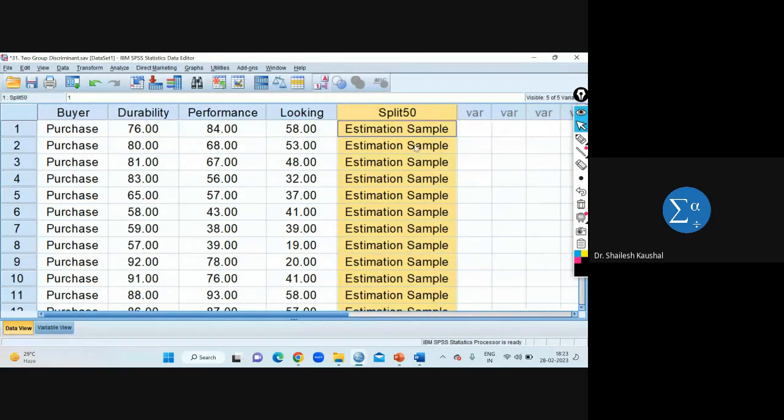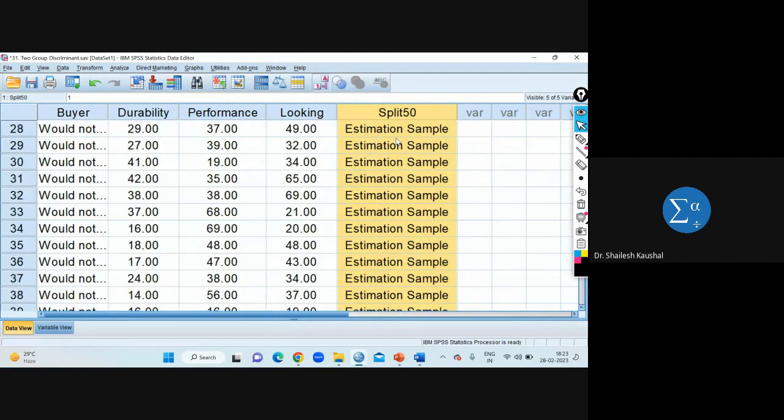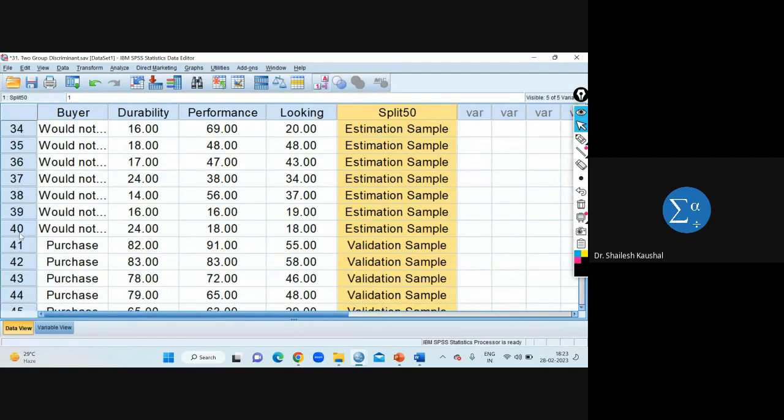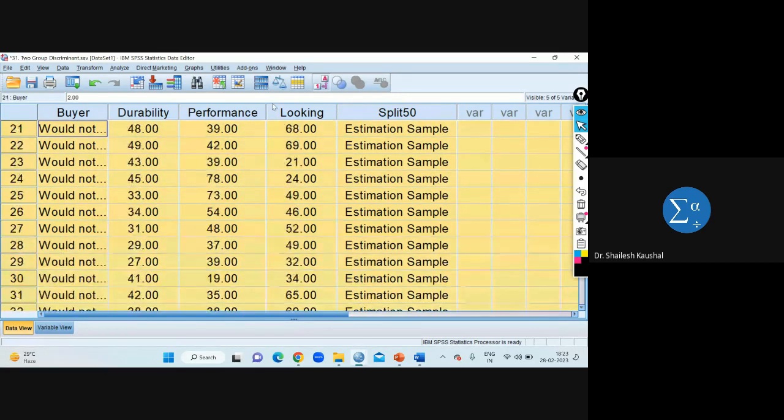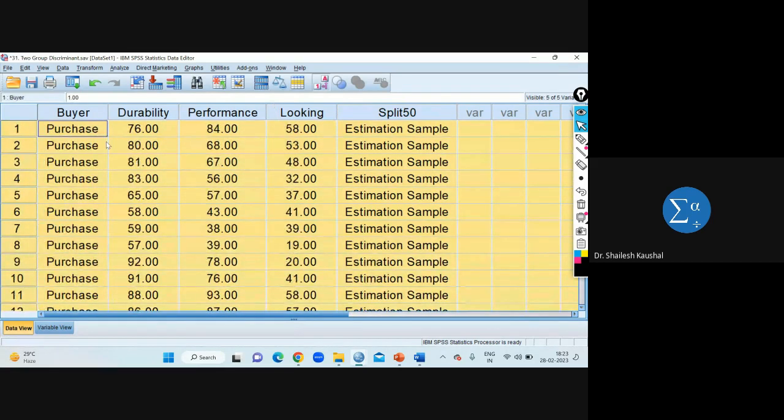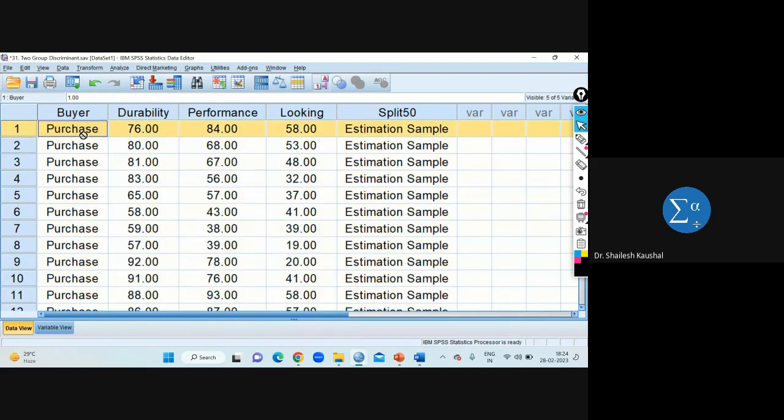For estimation purpose, we took 40 buyers, and out of the 40, 20 purchasers and 20 non-purchasers. 20 respondents buy the product and 20 do not buy the product.